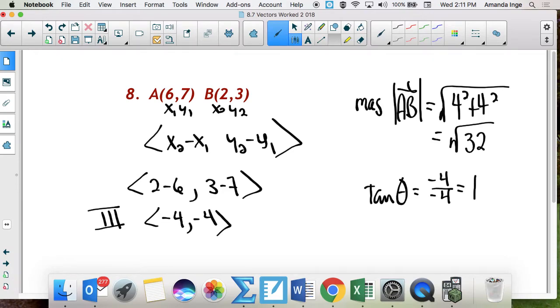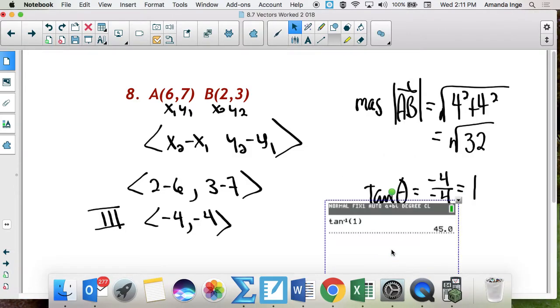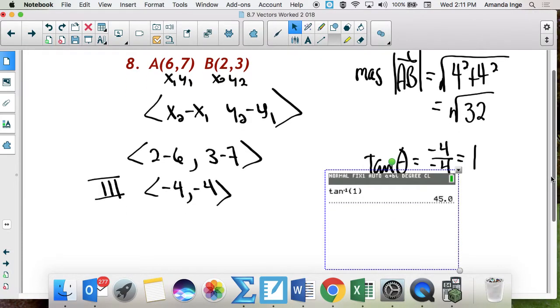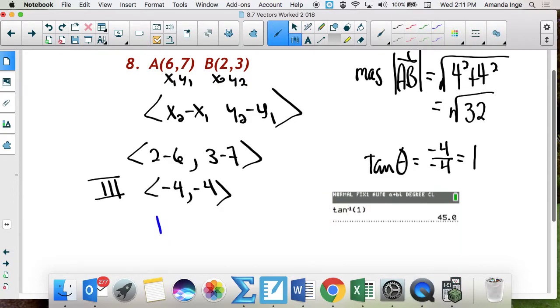So the answer is going to be 45 degrees, but we'll put it in our calculator. So the second tangent of 1 equals 45 degrees. Okay. But what quadrant are we in, y'all? We're in the third quadrant. So we're going to say 180 degrees plus 45. So we're at 225 degrees. All right.